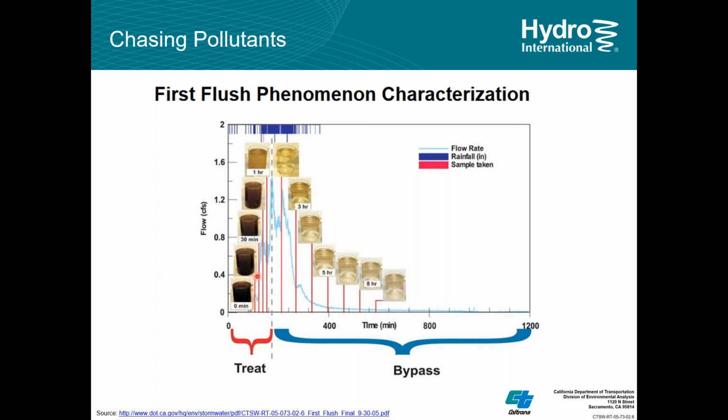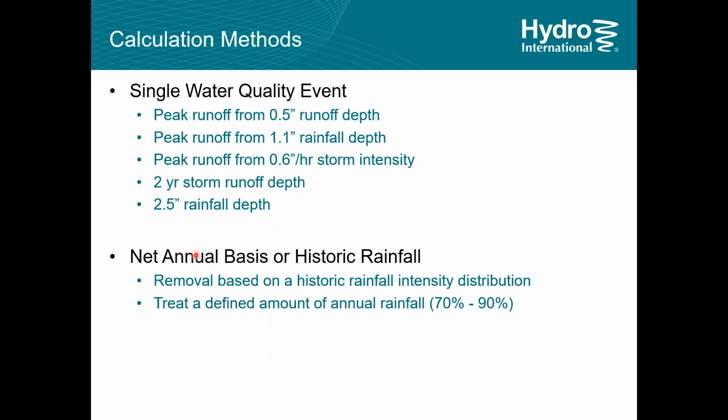So as the storm builds up, the runoff rate increases, and the pollutant load comes with that on the front of the storm to a point where the pollutants basically are flushed off the site, and then the water clarifies, and as the storm tapers off, the flow rate drops down, and the water becomes clearer and cleaner. So this is the first flush theory. The front end is the stuff we want to concentrate on treating. The back end is a lot more volume, and it's harder to treat. So let's just look at that first flush side of things.